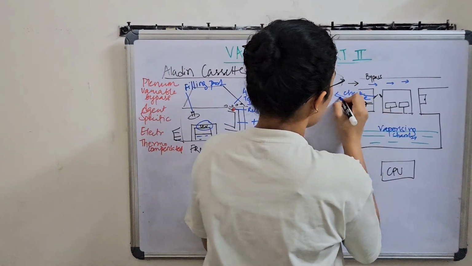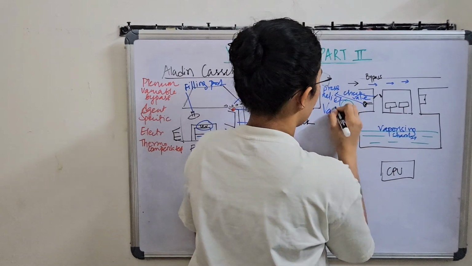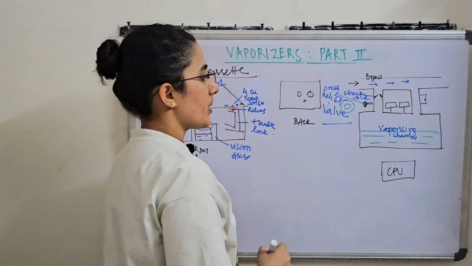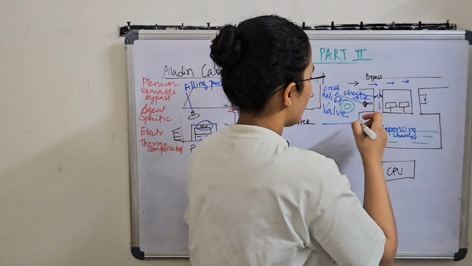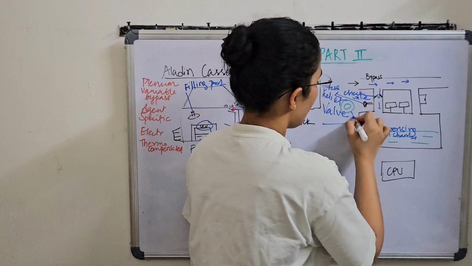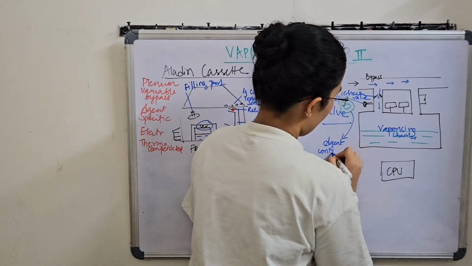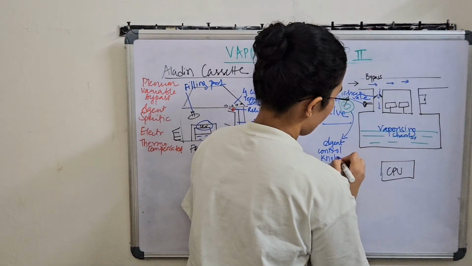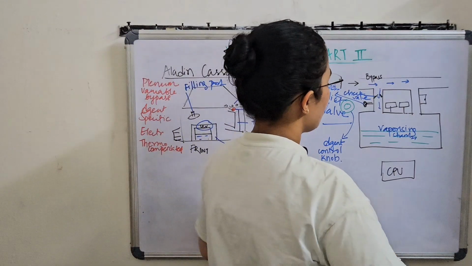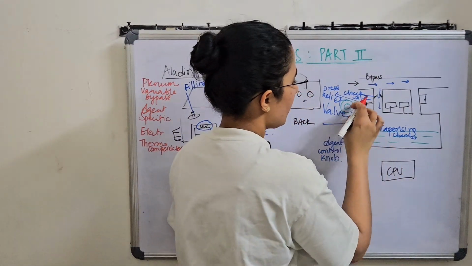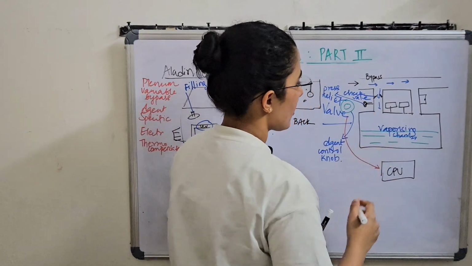There is also a pressure relief valve, and there is an agent control knob. All of these, the check valves, the pressure relief valve, and the agent control valve, send their information to a CPU.